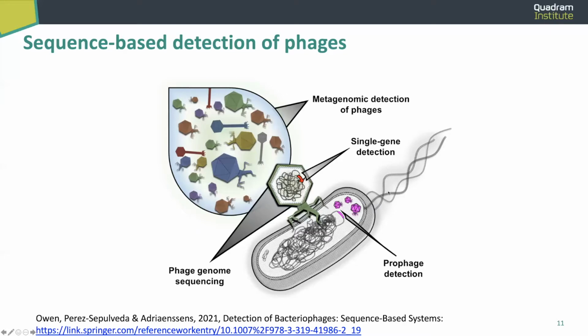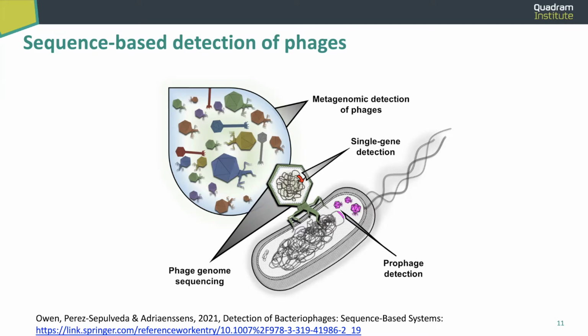So when we sequence them, we can use sequence-based detection for phages in a whole bunch of different situations. But what we'll focus on for the sake of this workshop is the phage genome sequencing in particular, meaning that you first have a phage prep and you will make sure that that's as clean as possible, then do your DNA extraction or your RNA extraction.